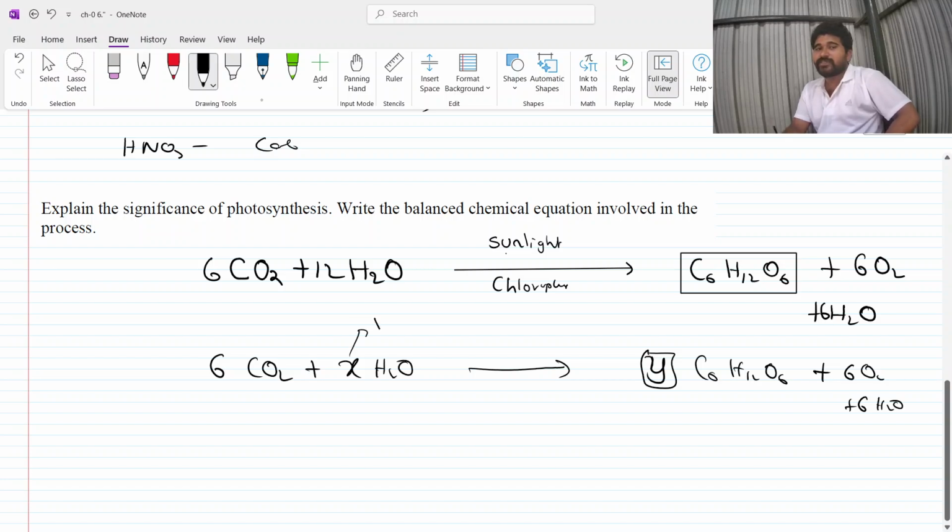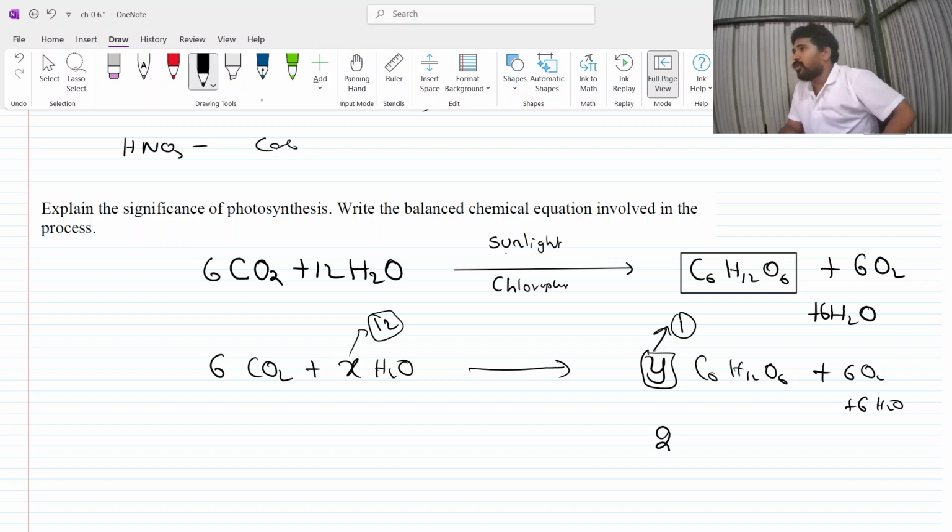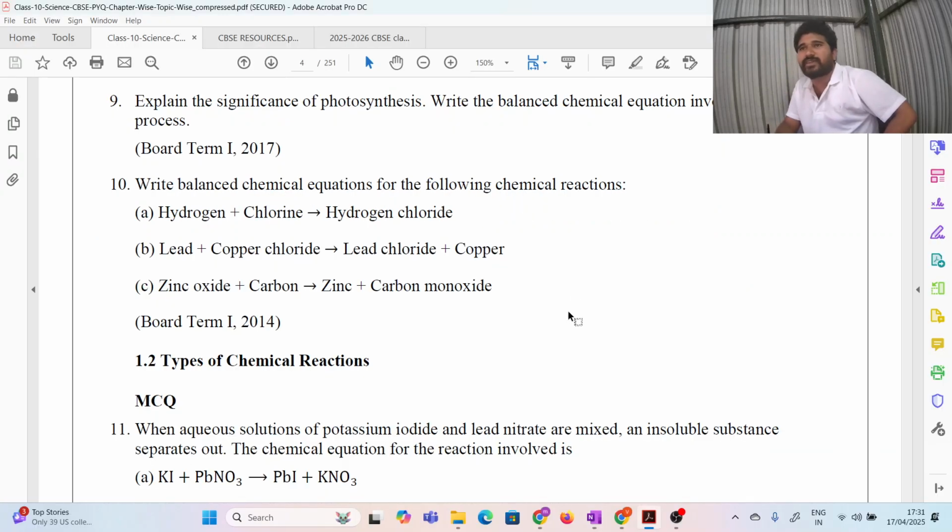X is how much? 12 moles. Y is 1. Keep this in mind. So to produce 2 moles of glucose, how much we have to use? Double. Everything double. Keep that in mind. There is a chance he can ask in that manner also, right?